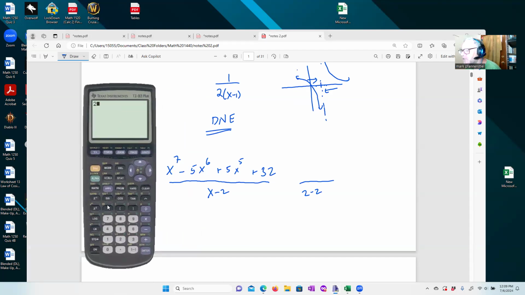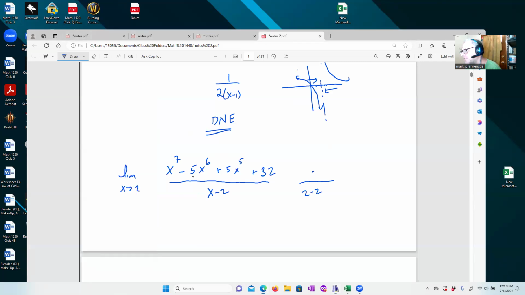We've got 2 raised to the 7th power, minus 5 times 2 raised to the 6th power, plus 5 times 2 to the 5th power, plus 32. Fingers are crossed. I got this out of my book, so I'm hoping, oh look at that, it's 0. What a coincidence. So we end up with 0 over 0.